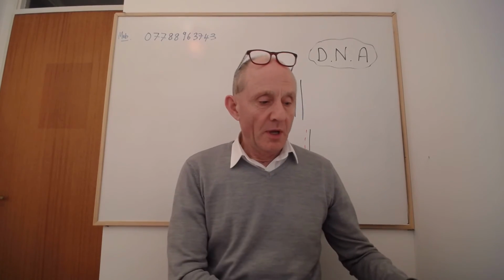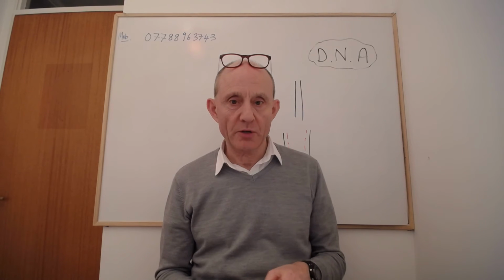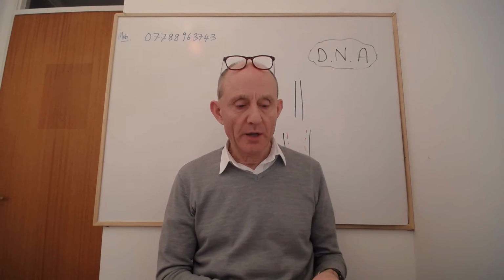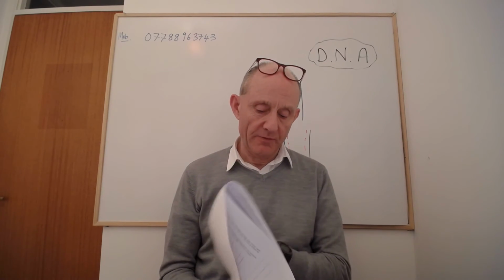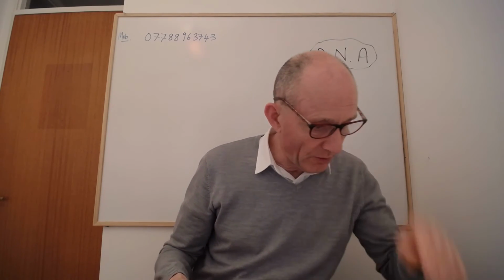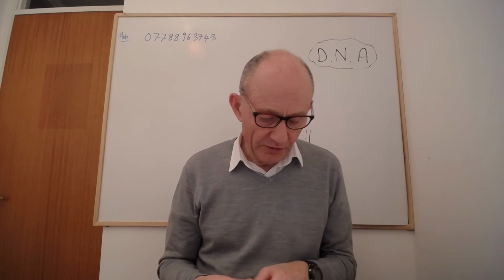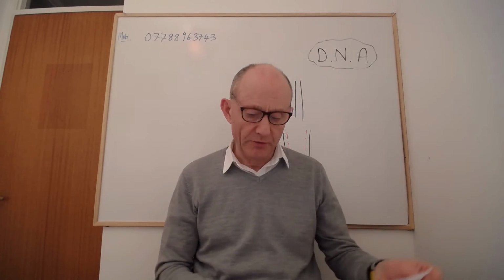Now, students worry about questions to do with this experiment, and you frequently get such questions. If you look there, you'll see I have in the booklet three such questions: question 4, question 5, and question 6, question 6 being the most recent example of such a question.